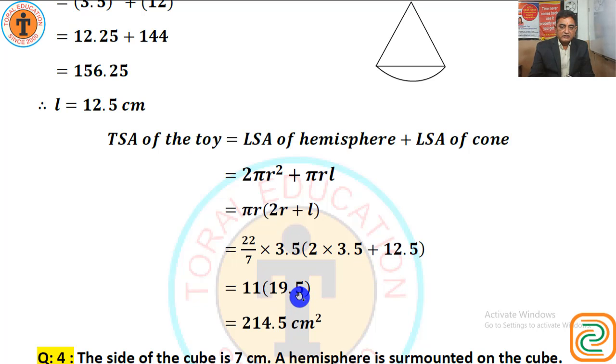Here it is 19.5. 3.5 into 2 means 7, plus 12.5 is 19.5. 7 5s are 35, 0.5, and 0.5 multiplied by 22 gives us 11. If we multiply both of these, we get 214.5 centimeter square.